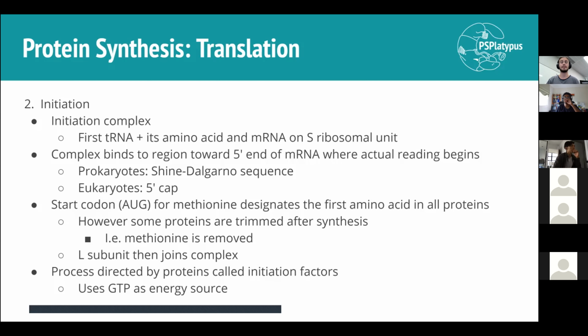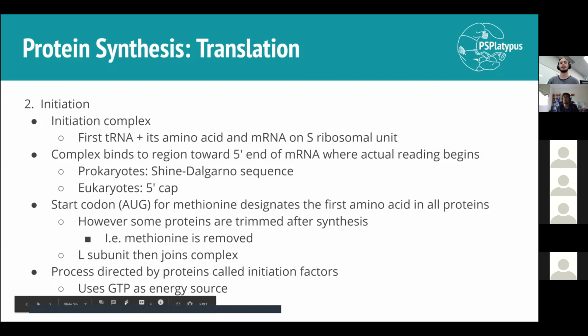So it starts at the 5' cap on the mRNA. And the start codon, AUG, for methionine, designates the first amino acid. That methionine isn't always inside the end protein, but basically it says start here, and then it continues through.